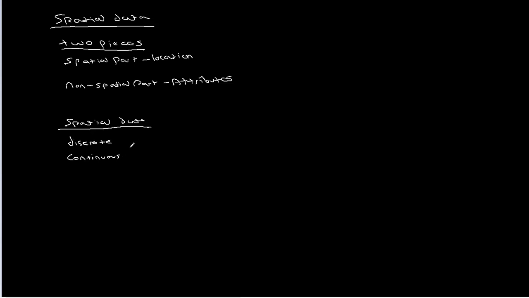We'll define and compare both of those and talk about how they fit into spatial data through different data models. So for discrete data, we're going to be talking primarily about vector data. And it's not a big deal if these terms don't make sense yet, because we're going to go into each of these in more detail in turn in future videos. And we're going to talk about how vector data is structured into points, lines, and polygons.